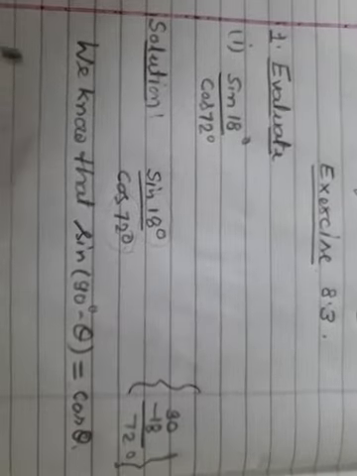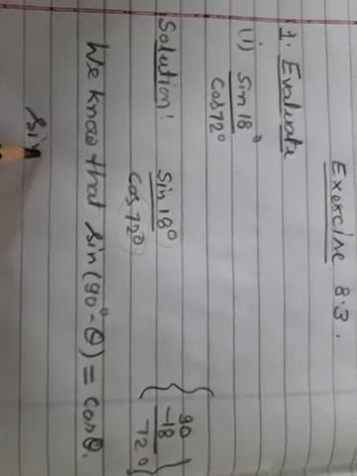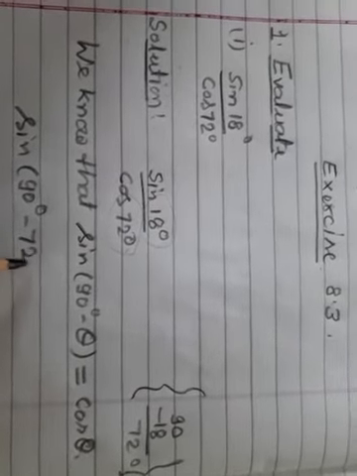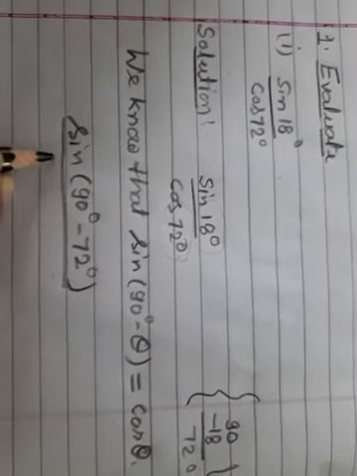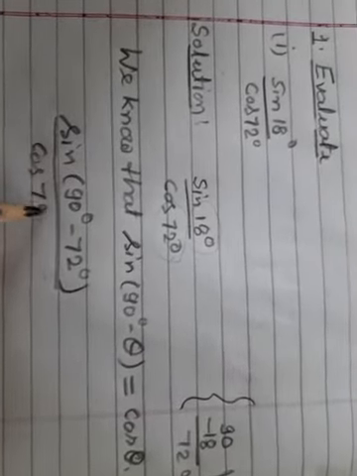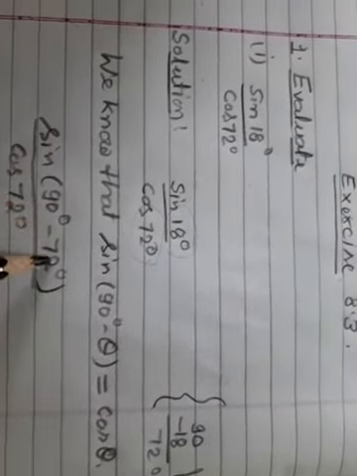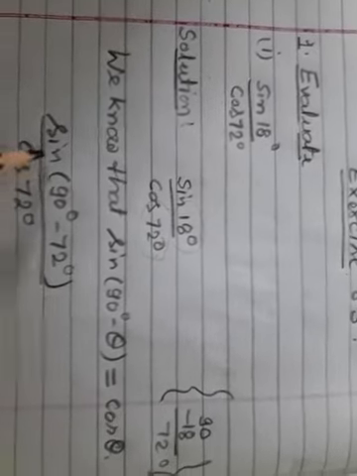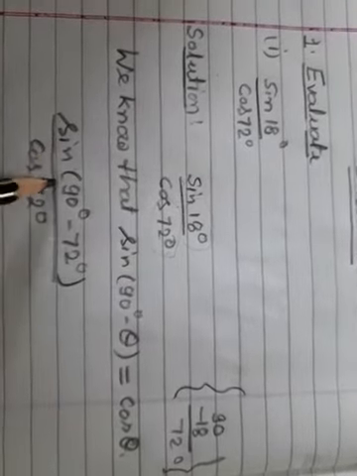Clear? So now this is sine of (90 minus 72) degree upon cos 72 degree, and this is just like sine 18. Both are the same.